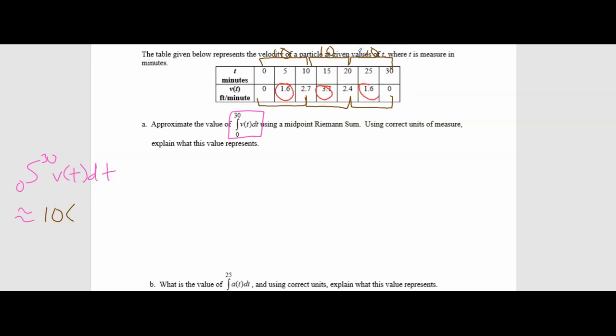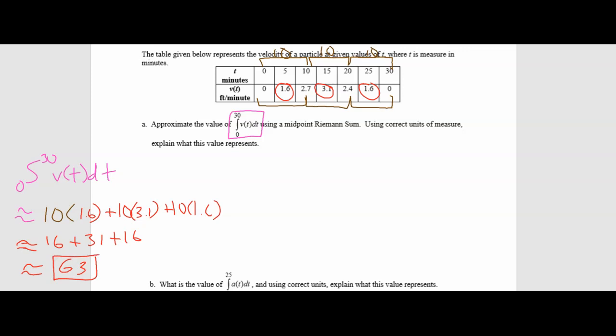So we're going to be looking at these 3 y values. So 10 times 1.6 plus 10 times, covered it up and I couldn't see it, 3.1 plus 10 times 1.6 again. So this gives me 16 plus 31 plus 16, which gives me an approximate value of 63.